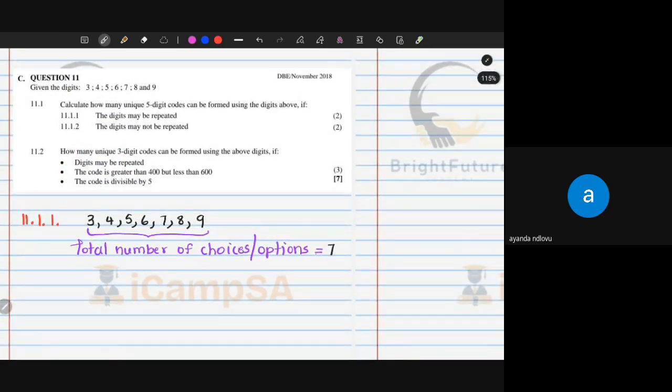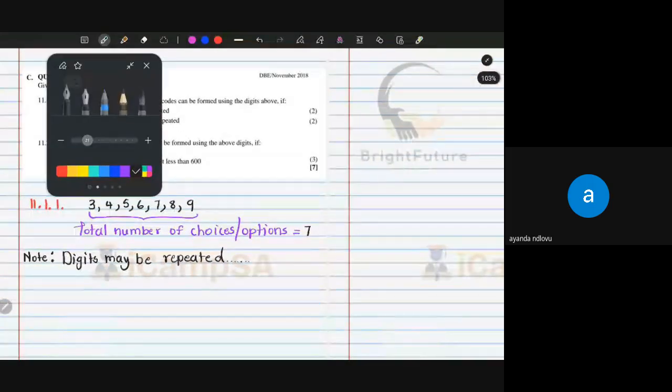And for 11.1.1, what is very important is that they say the digits may be repeated. So that is very important. And if you remember, we can use our equation, guys, or maybe not.